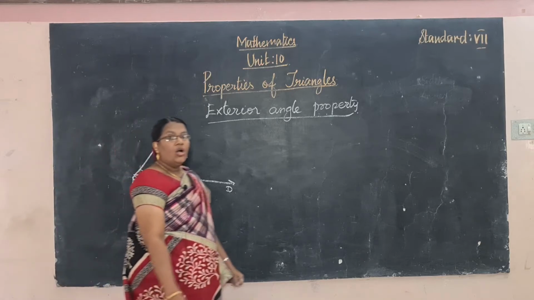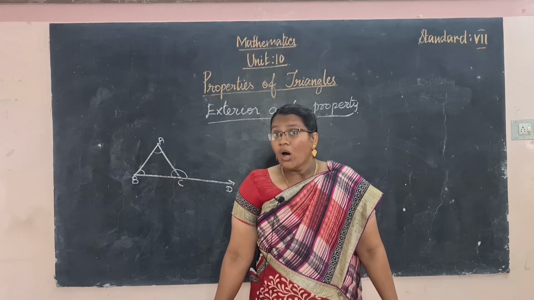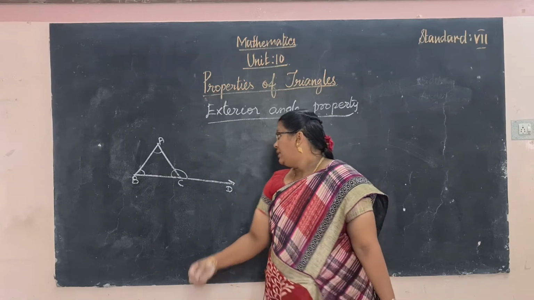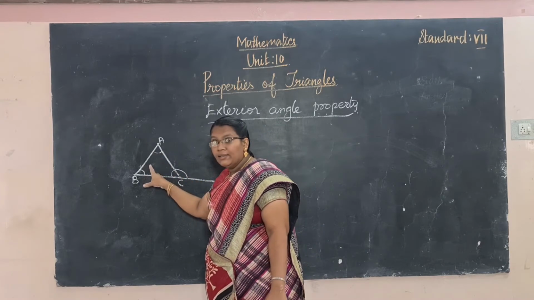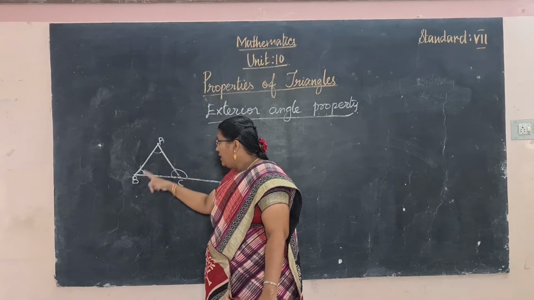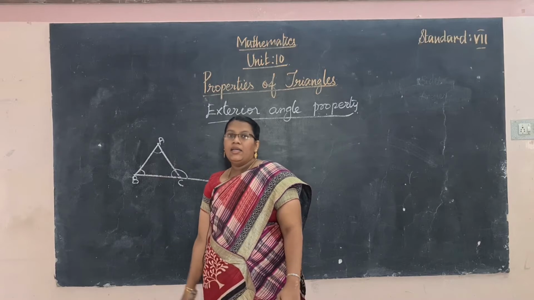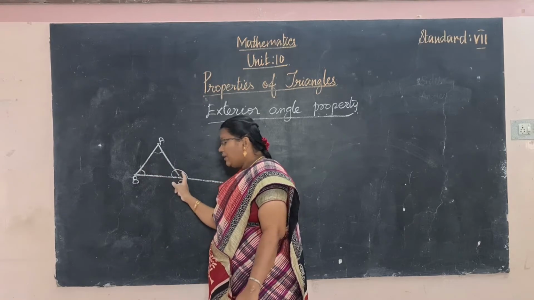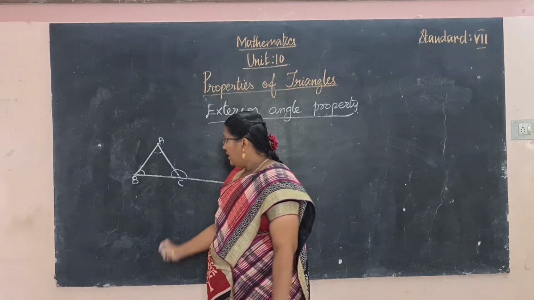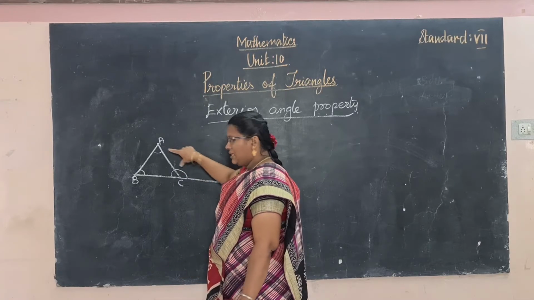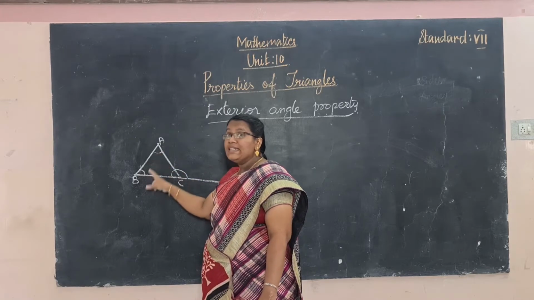The exterior angle property: the exterior angle is equal to the sum of the two opposite interior angles.